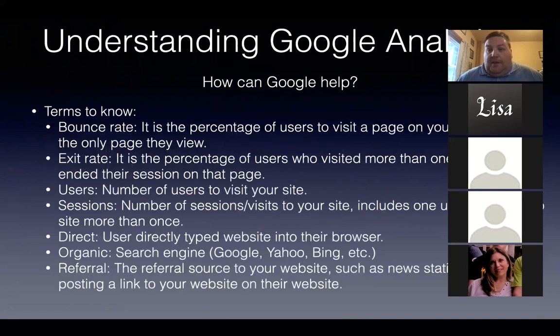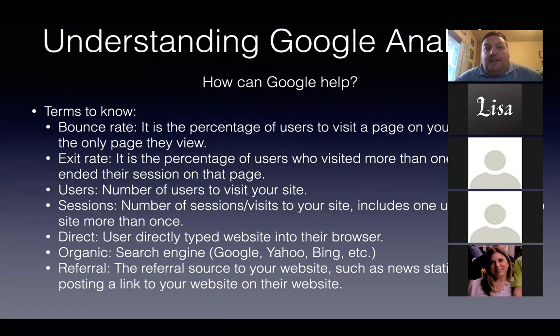All right, so before we keep going, here are some terms to know that you'll see on Google Analytics that will help you understand what these definitions mean. A bounce rate is the percentage of users who visit a page on your website and that's the only page they view. So say somebody finds your website, they look at the home page, and then they click off of it, there will be a bounce rate for that visit by that user.